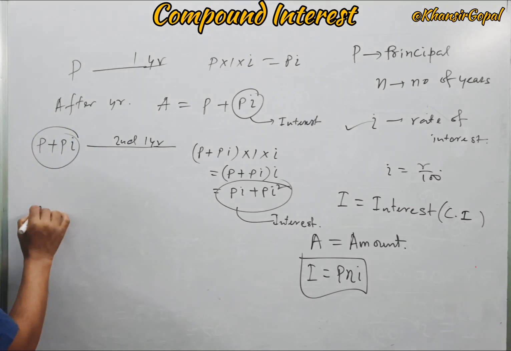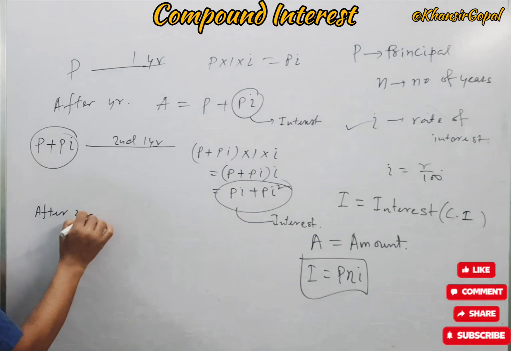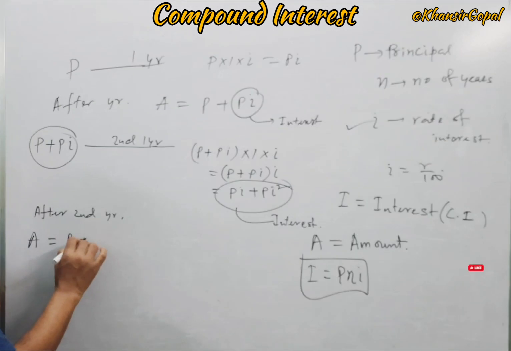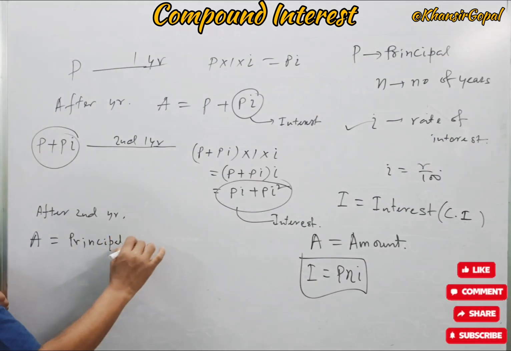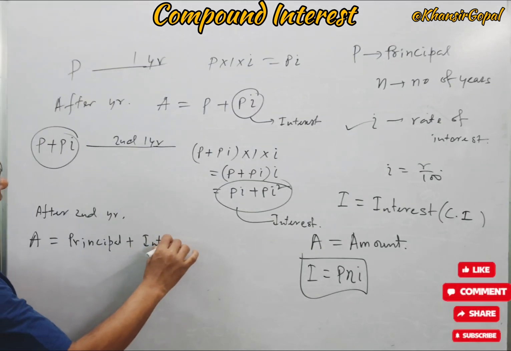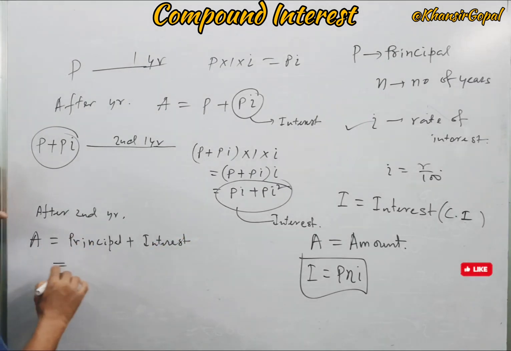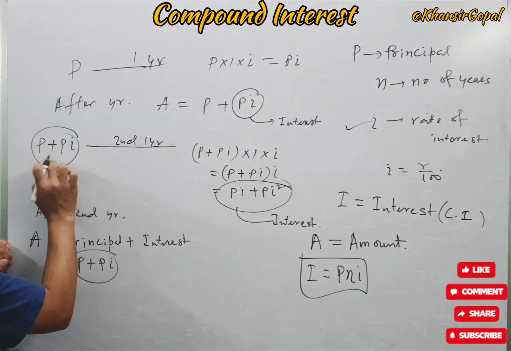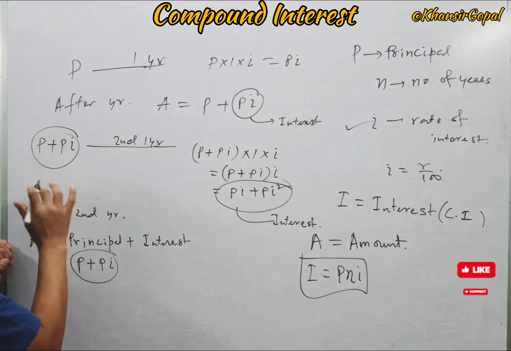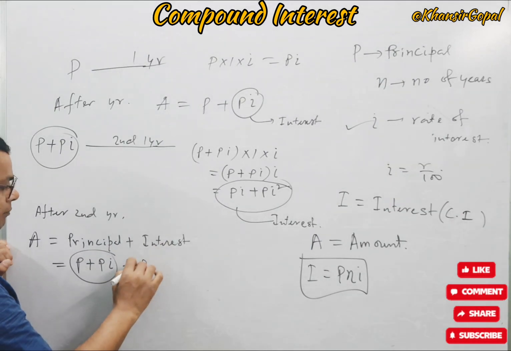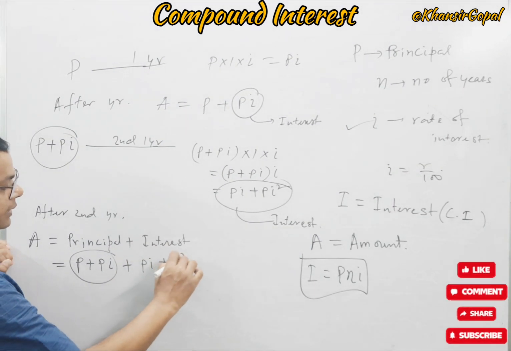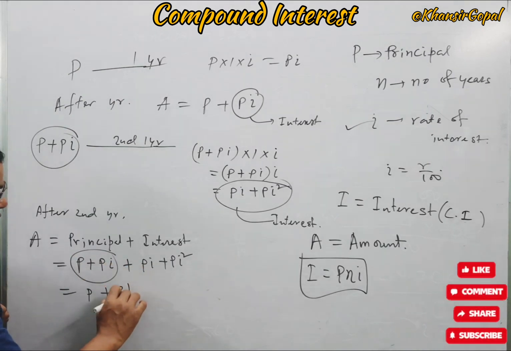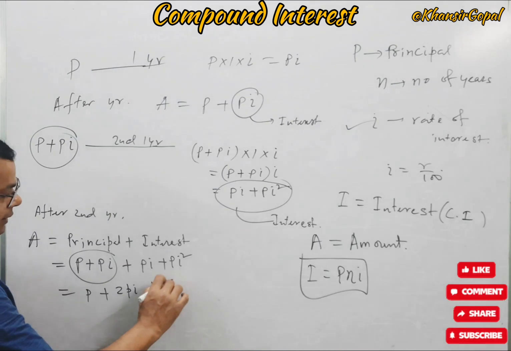Now see, this is the interest, but this is actually principal. So can I write after the second year, what is the amount? Amount is again principal plus the interest gained together. So here principal is P plus PI, that is the main principal after 1 year, and interest you got is PI plus PI square. Now let us take together: P plus PI plus PI plus PI square, it's P plus 2PI plus PI square.